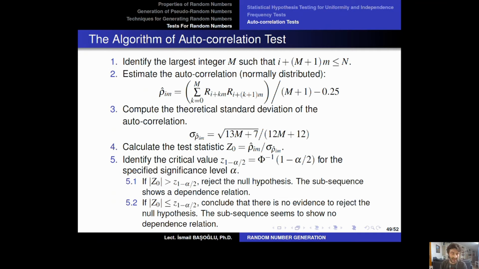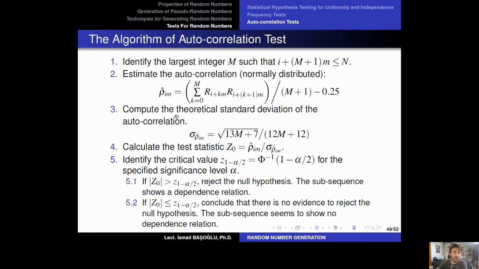So you calculate this value, sum these values up and take the average of them. The value should be very close to 0.25 if the sequence is really independent. But of course, this is just a statistic. After all, there will be some deviation. So for an independent subsequence, we expect this value to be close to 0 because we are subtracting 0.25 here.